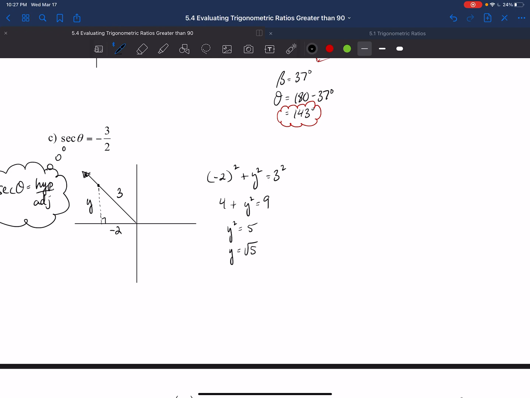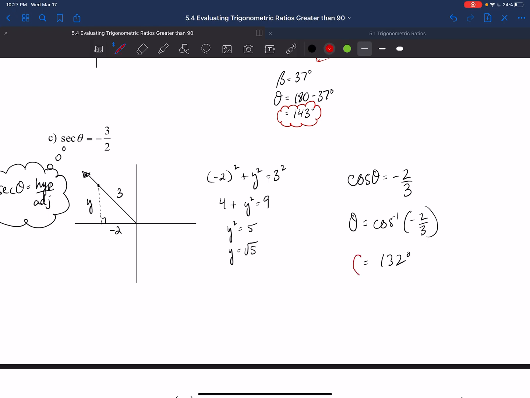And since secant is negative 3 over 2, I don't have that on my calculator. I'm going to change it to cos, 2 over 3. And if I type that in my calculator, I get 132, which makes sense because that's in quadrant 2.